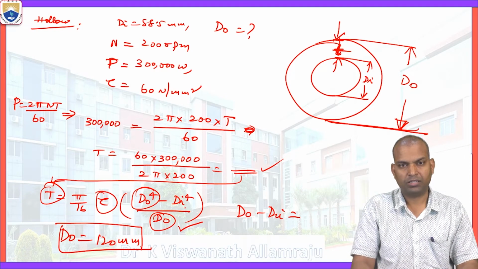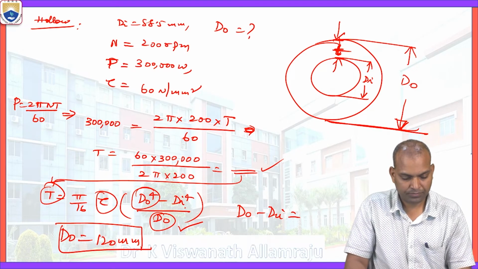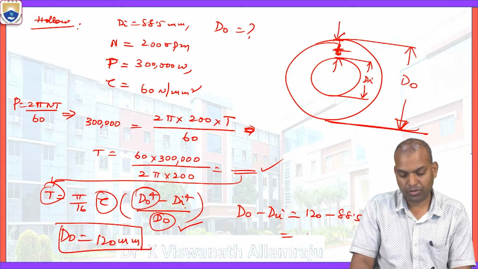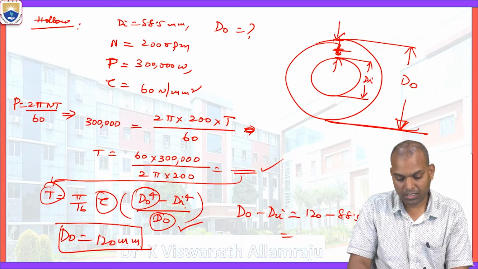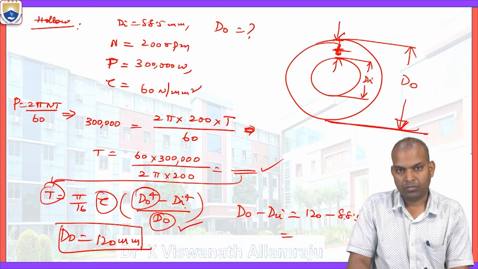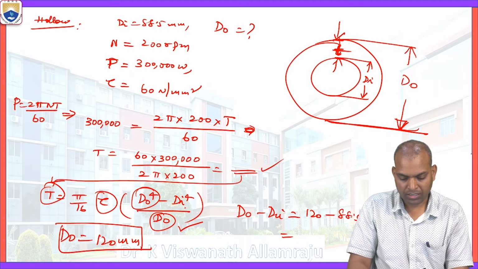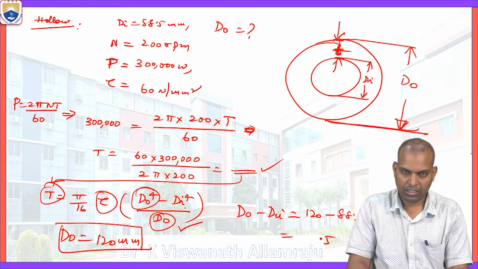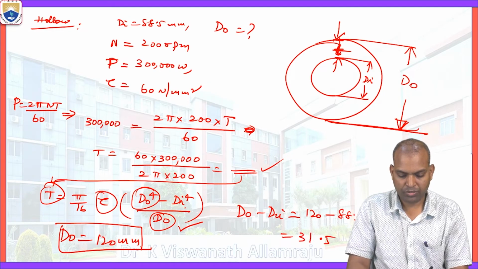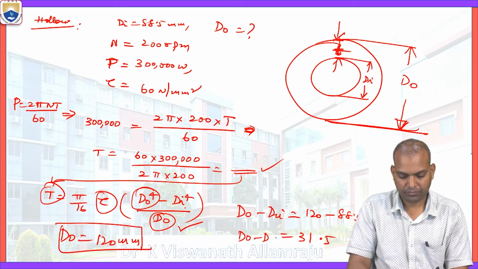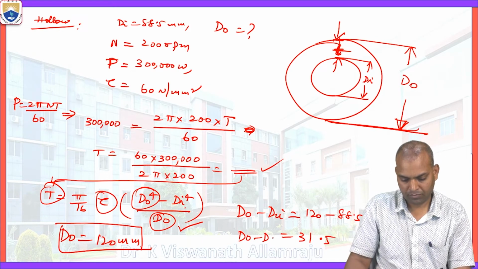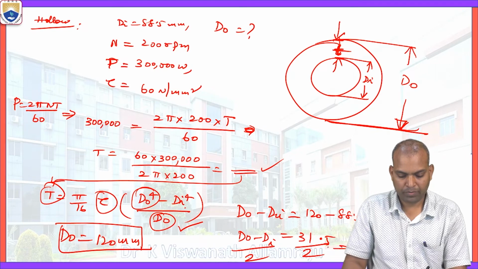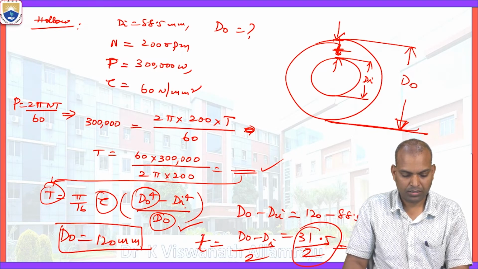Now d naught is 120, di is 88.5, so the difference becomes 31.5. That 31.5 divided by 2 gives the thickness of the shell.